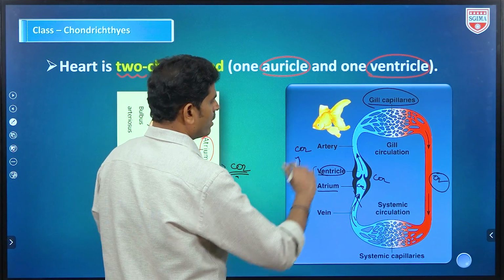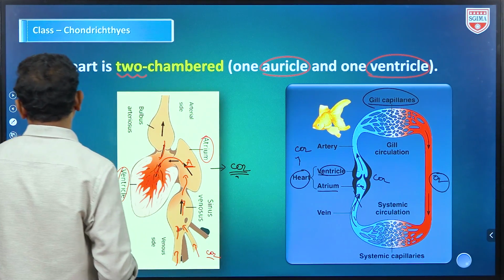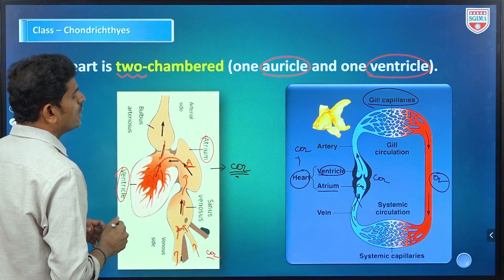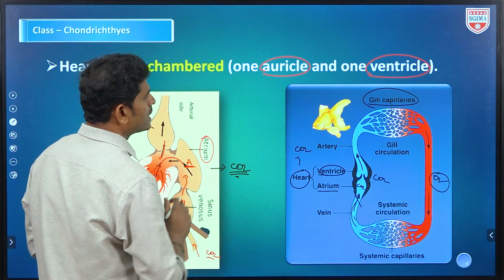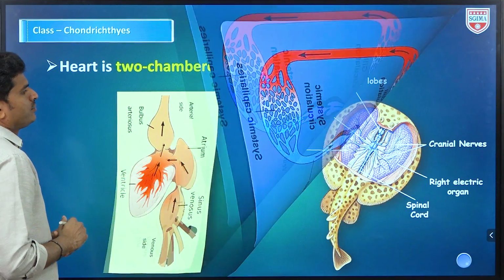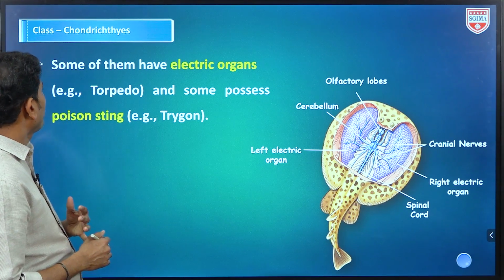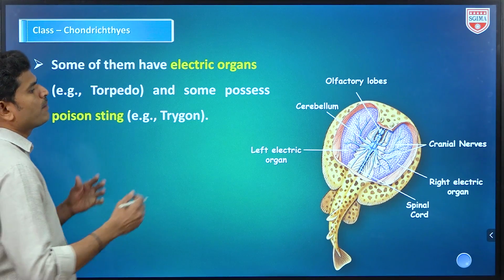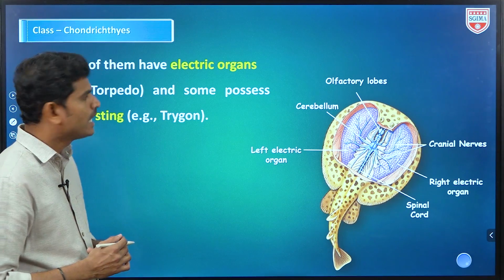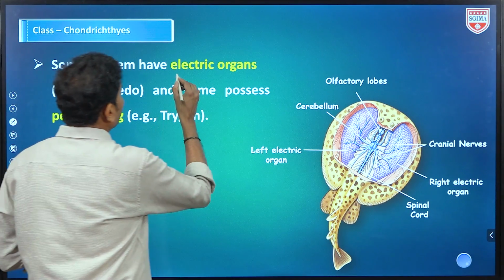Single circulation it is. Okay. So extra points we have to remember: venous heart and single circulation. Now, another point is that some of the cartilaginous fishes have electric organs.